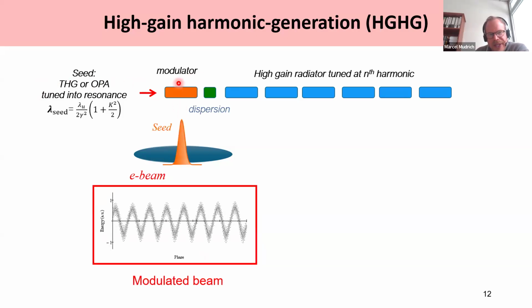Then when the electron bunches resonantly interact with the seed, we have this resonance condition fulfilled, that the emission wavelength of the modulator just matches the wavelength of the seed. Then we have resonant coupling, and we get an energy modulation in the electron bunch.